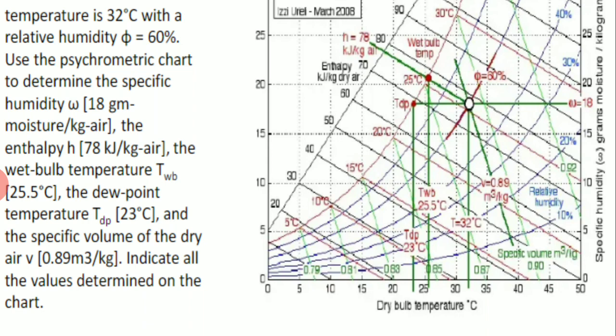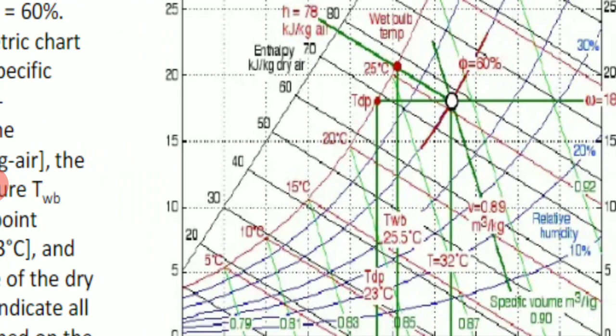The third parameter will be wet bulb temperature. From the same fixed point, take a scale parallel to the wet bulb temperature lines and see that value on the saturation curve. You are seeing the red colored dotted point. So parallel to the wet bulb temperature you have to read the value on the saturation curve.